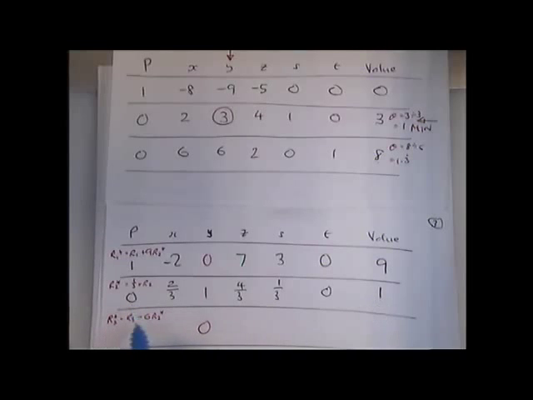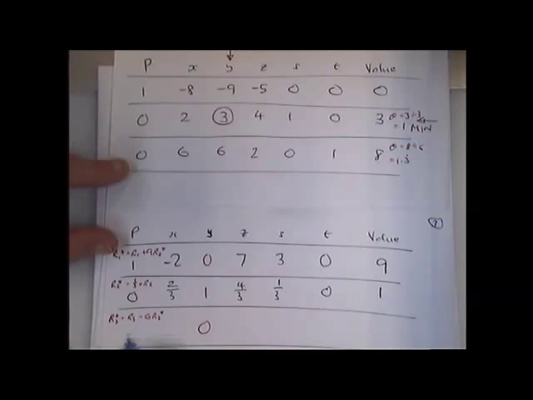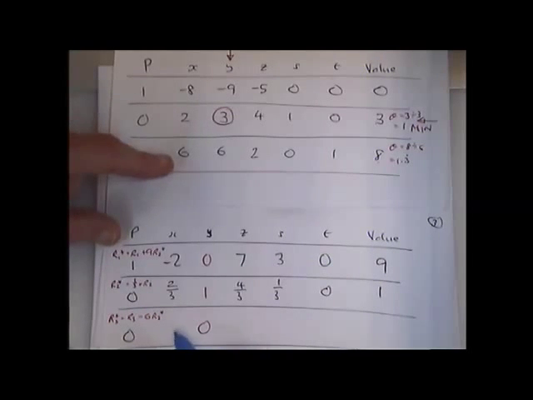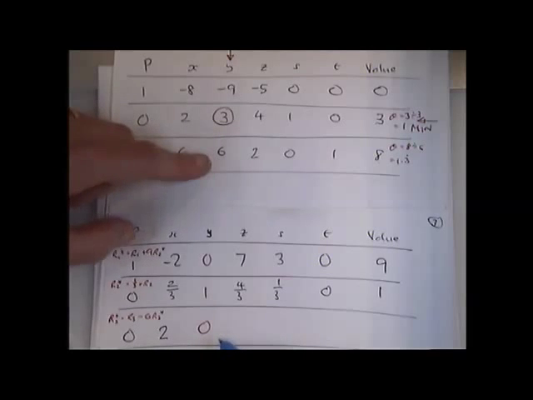Again, I don't mind who shouts the answers out here. The first one will be 0, take away 6 zeros. The next one will be 6, take away 6 lots of 2/3. 2 is correct, whoever said the 2. The next one is done.